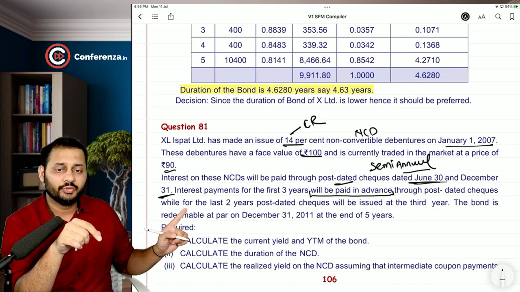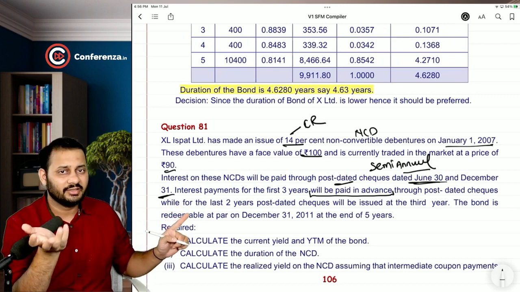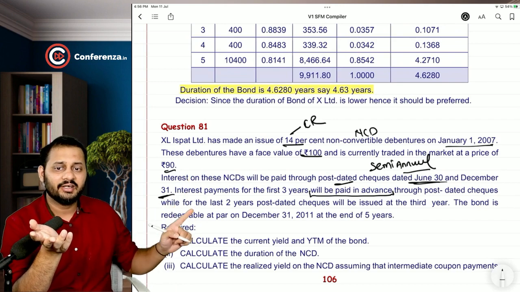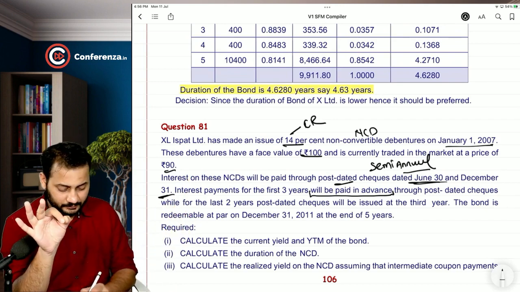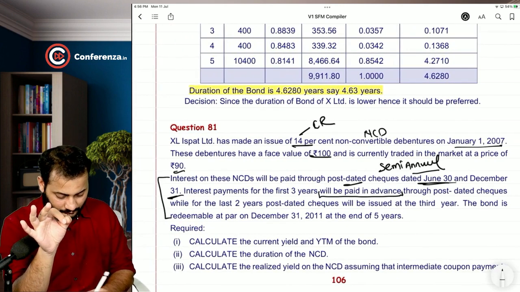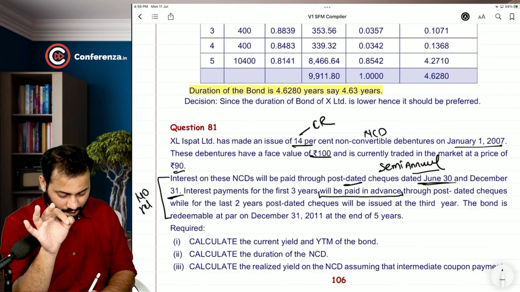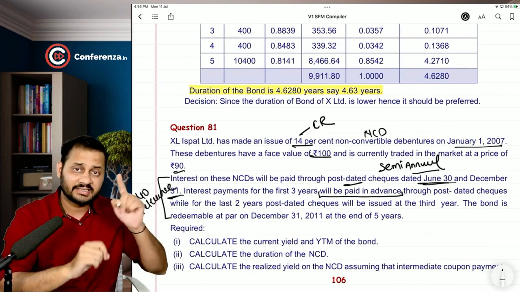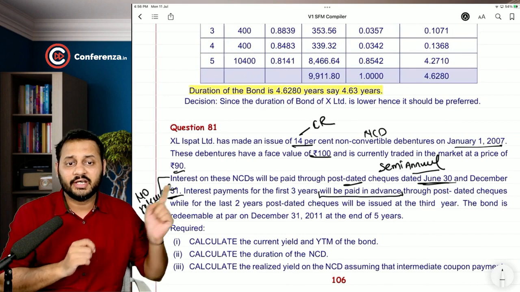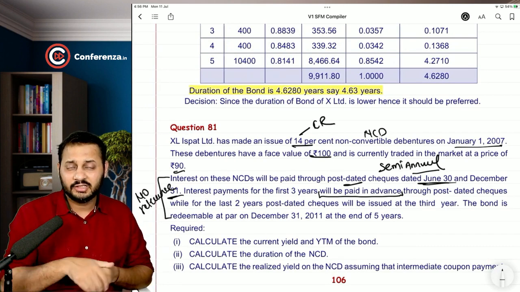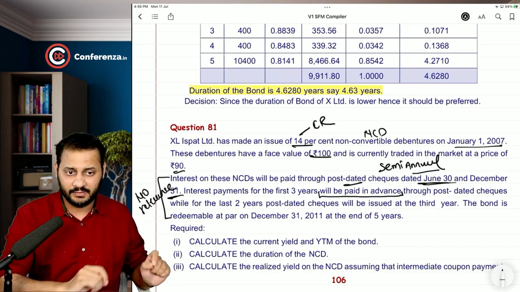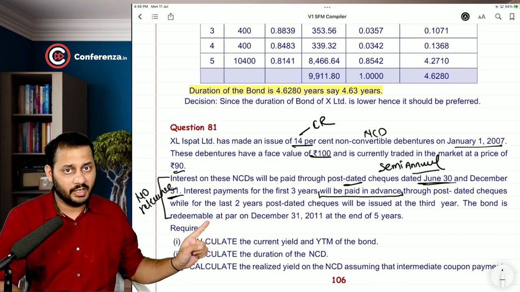While for the last 2 years, post-dated checks will be issued at the end of the 3rd year. So this entire story has no relevance, except for one thing we get to know from this statement, that the interest will be paid half yearly. The bond is redeemable at par.